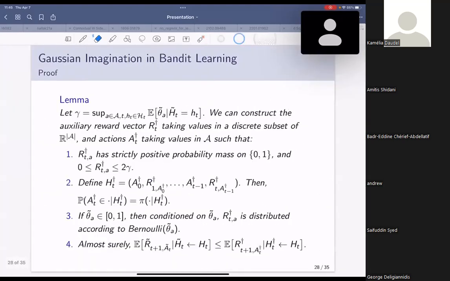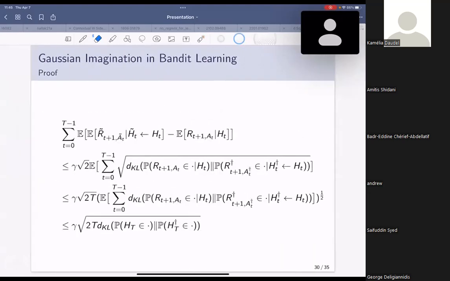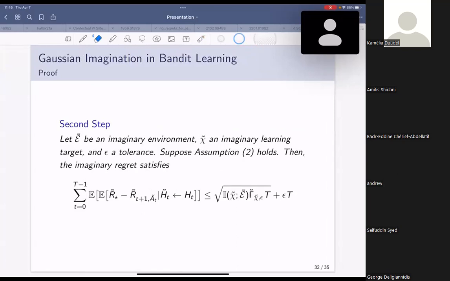And for the second step, we want to show that under assumption 2, which was the Gaussianity, we can upper bound the imaginary regret by the term we have here, which is the regret we have if we were playing in the imaginary environment.